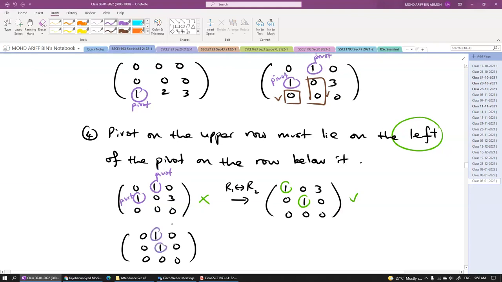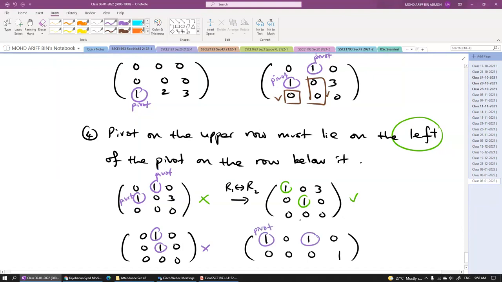They cannot share the same column. It must be strictly on the left. If far away, no problem. Like this: 1 0 0 0 0 1. The most left is 1. Even though here we have 1 also, no problem. But the most important, this is the most left and must be 1.